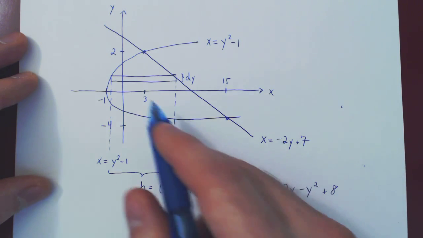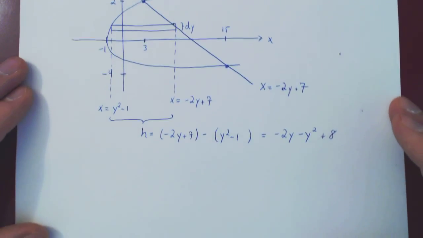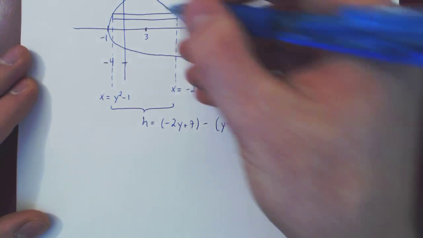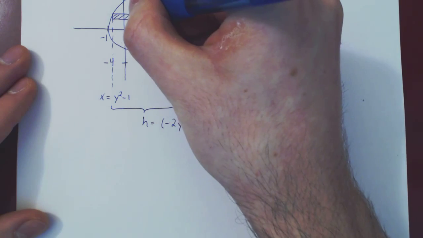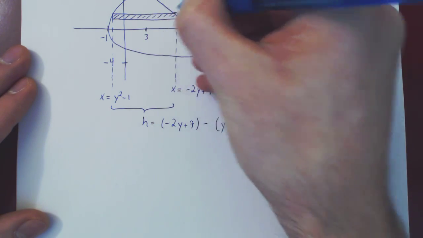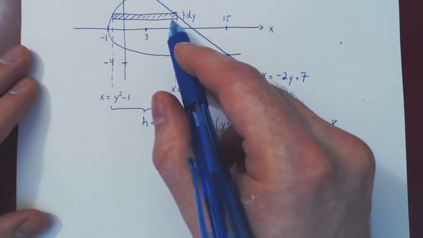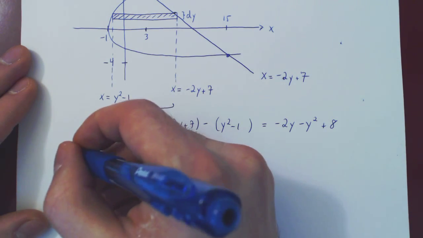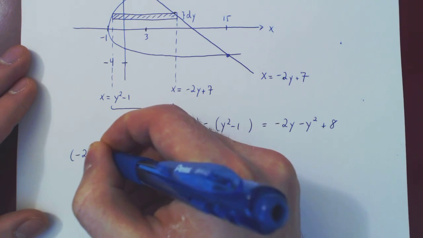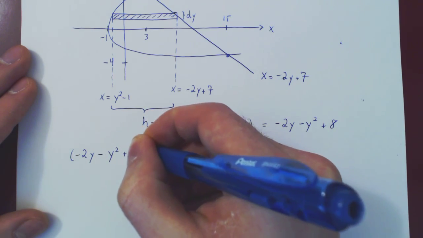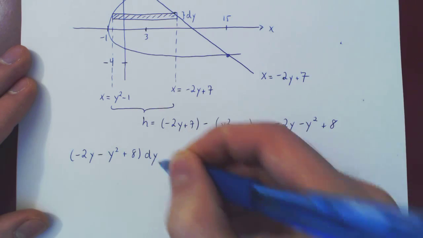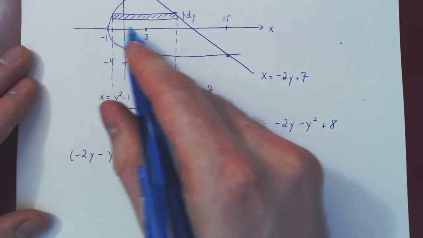So now we have the height of our rectangle. Now we're essentially done, right? The area of one of our horizontal rectangles is the height times the width dy. So negative 2y, negative y squared plus 8 times dy. That is the area of one rectangle.